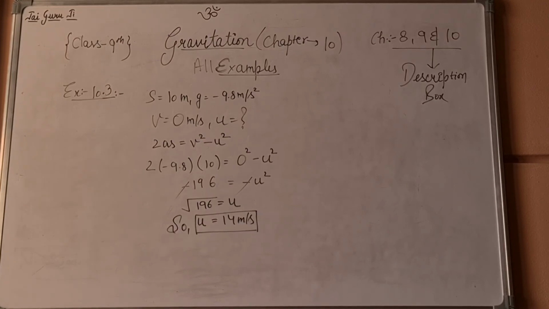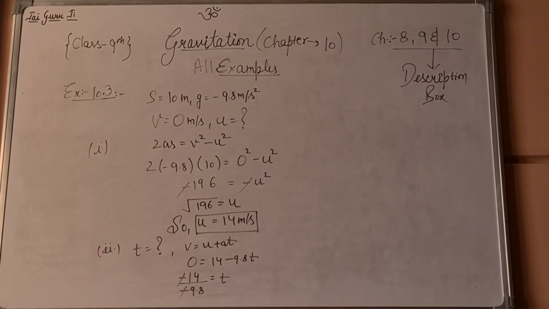Now the second part is calculate the time taken by the object to reach the highest point. It means t is equal to question mark here. So we have to use the first equation, that is v equal to u plus at. We can use any equation like this, because the first and second both have time. The third equation doesn't have time, so we don't use this third equation.